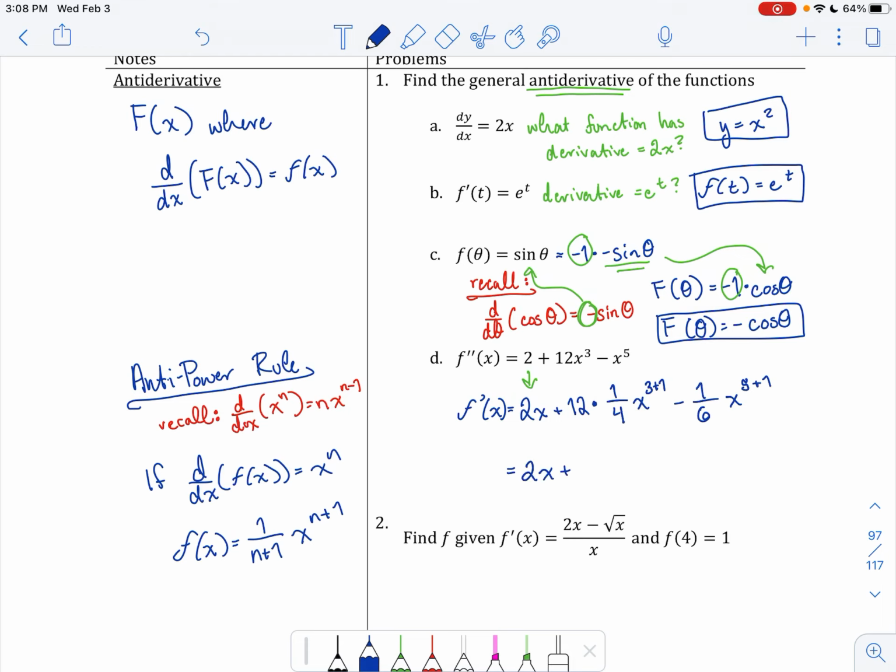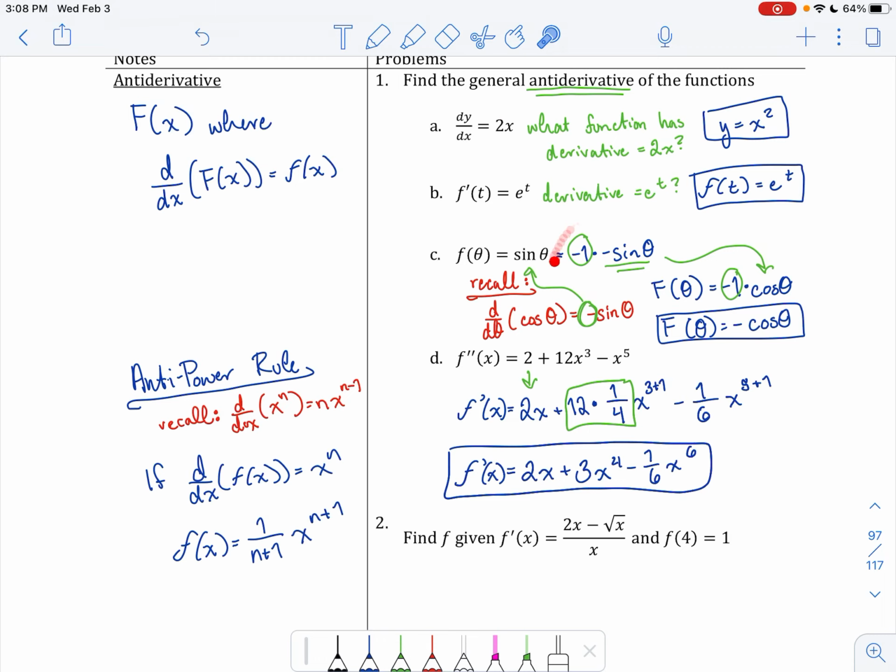Simplified, that's 2x plus 3, since I can simplify the coefficients in front, x to the 4 minus 1/6 x to the 6th for my antiderivative. So for some of these, it's just going to be, oh, I recognize them from our previous formulas. Maybe there's a coefficient involved, and for some, you're going to want to use the anti-power rule.